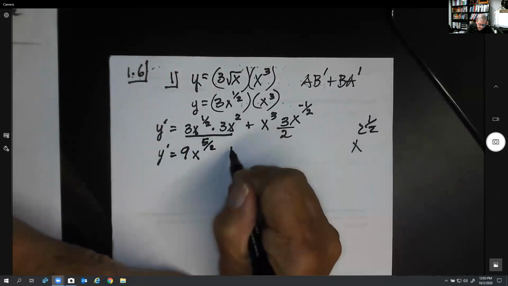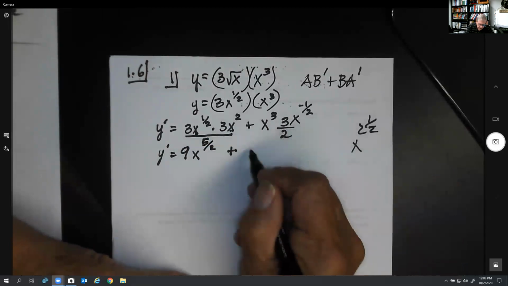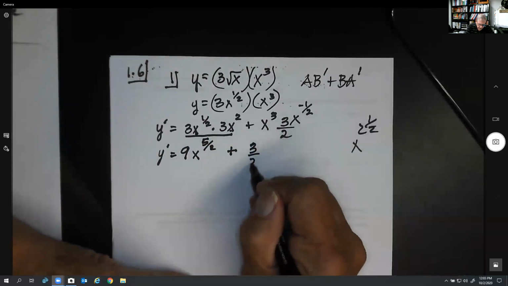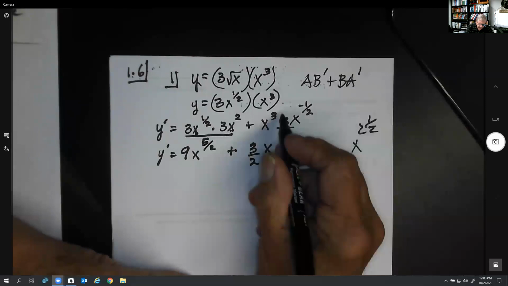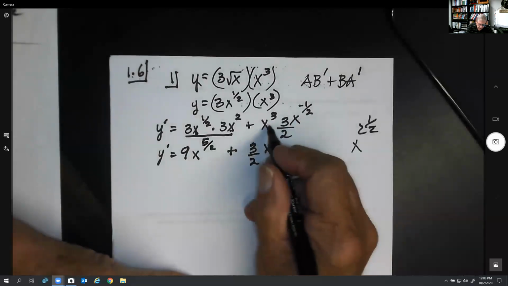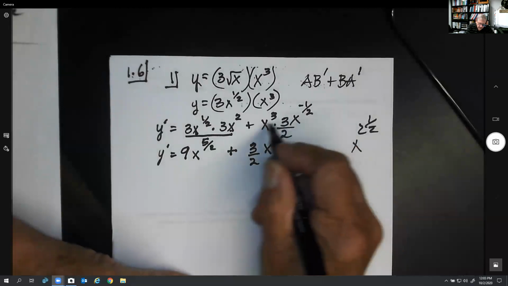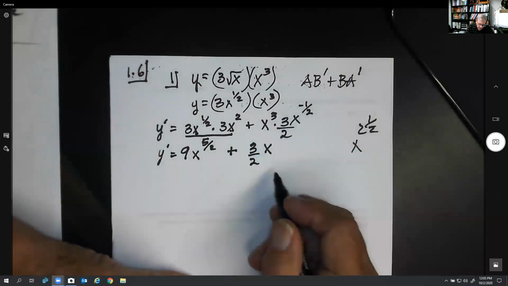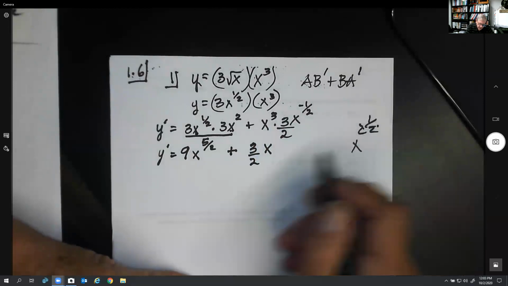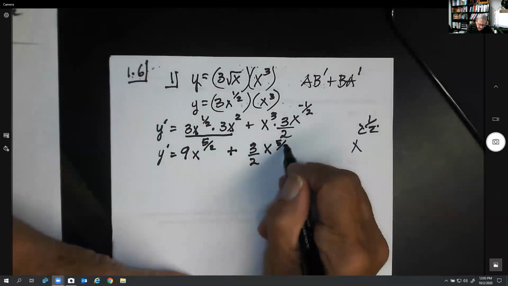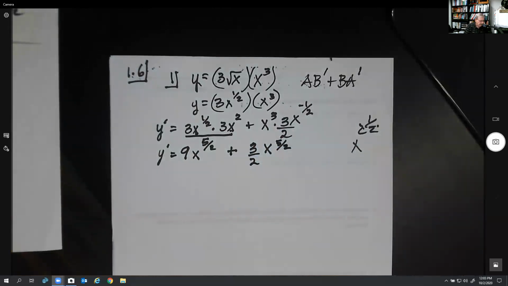Plus, now you're going to do the same thing here: 3/2 x to the 3 minus, again your bases are the same, so this is a multiplication problem. We're going to add the exponents, which again comes up to 2.5 or 5/2. So they both have 5/2.